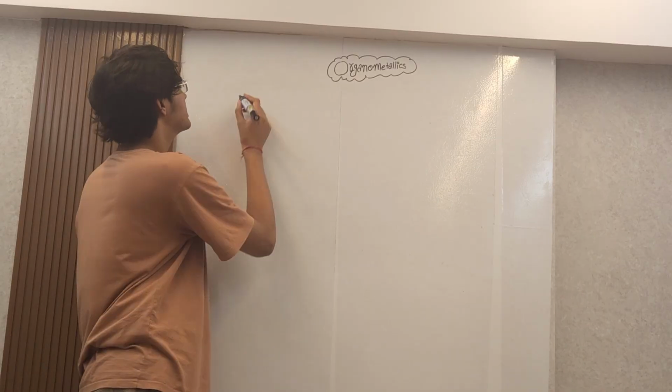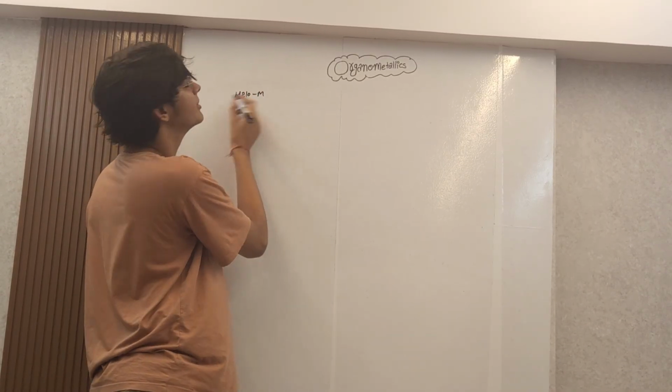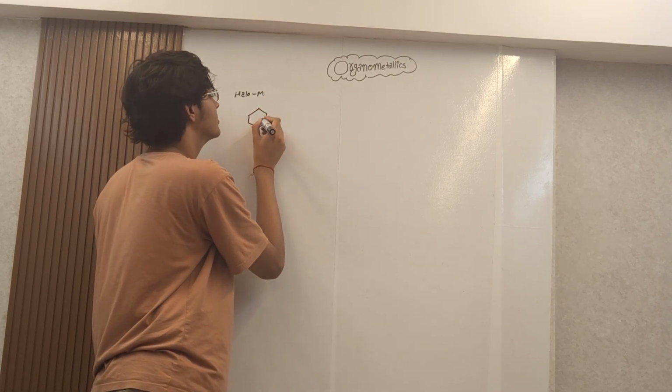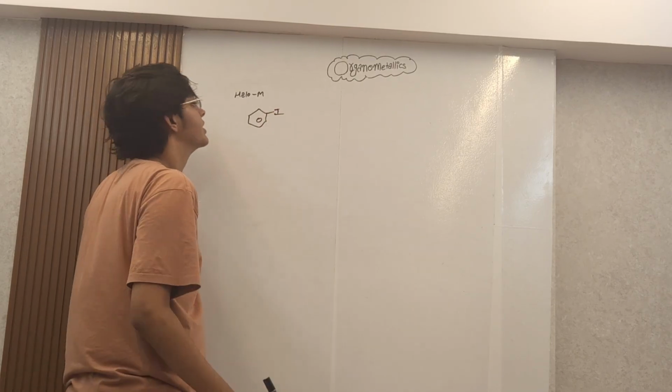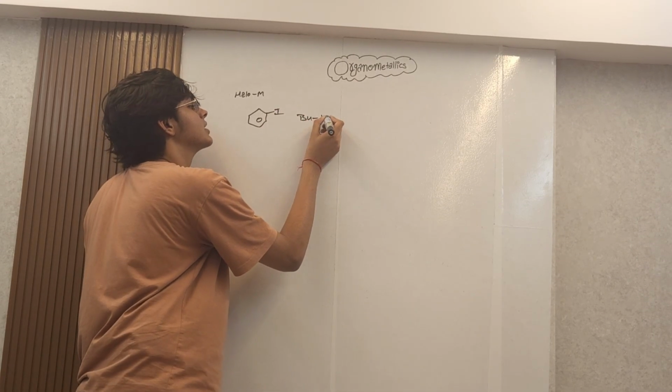Halogen metal exchange is really simple. I'll write it down. Halo M. It means halogen metal exchange. What will happen is, let's say we have a benzene ring that has iodine over here. We will take another, let's say, organolithium this time.